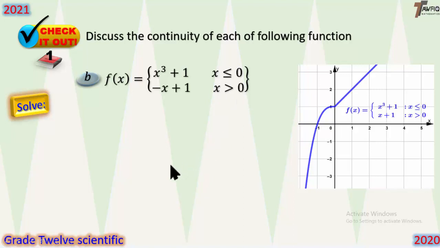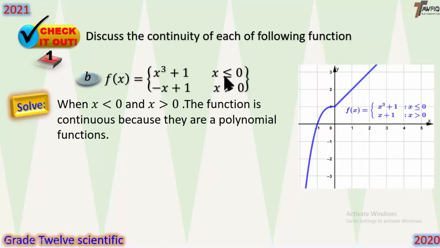Now to discuss the discontinuity, as you know, when x is less than 0 or bigger than 0, this function is continuous because they are polynomial functions. Remaining only at 0, first of all find f(0). For f(0), we can replace 0 here because we have equality here. Therefore, 0 cubed plus 1 is 1.